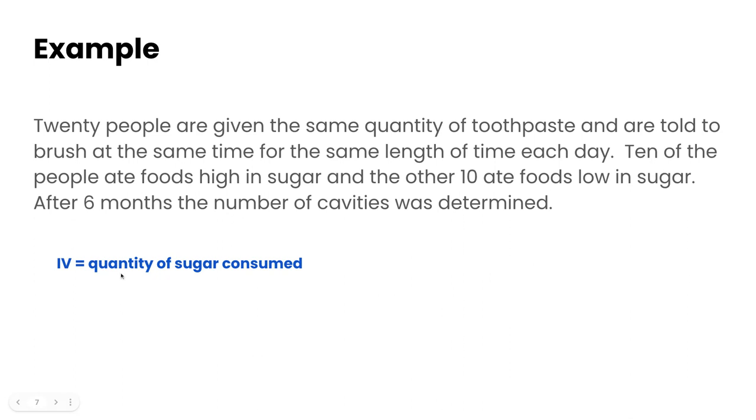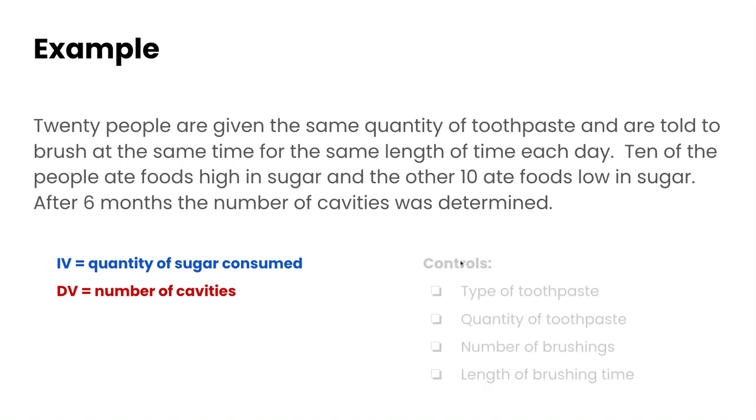So, our independent variable then would be the quantity of sugar consumed. And we could quantify this, say, in a mass. Number of grams might be an appropriate unit to use. What we're measuring is after 6 months, we're measuring the number of cavities. And so our dependent variable would be the number of cavities.